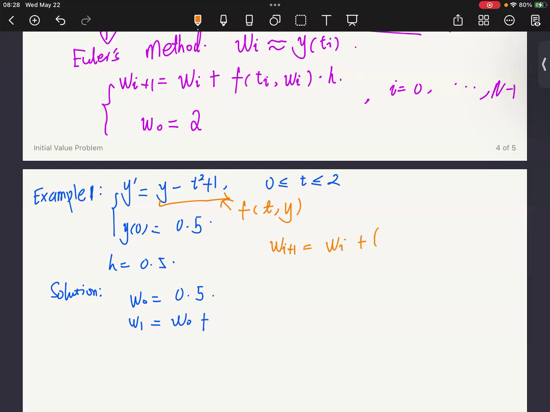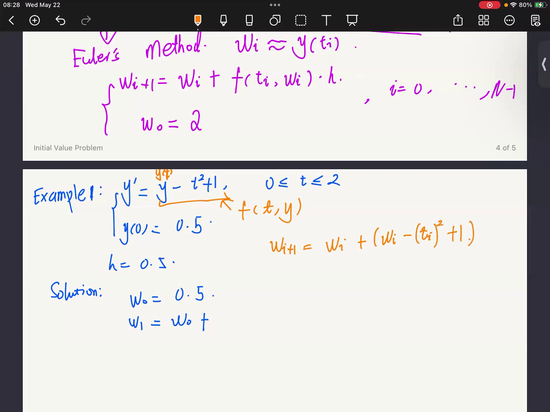Because we have the f function here, it is y evaluated at ti, which is y(ti), and we are going to use wi to approximate it. And for the t part, we have ti squared, and then plus 1.